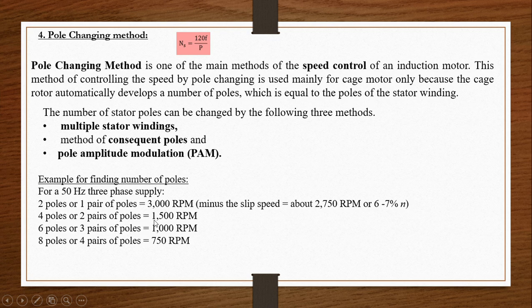If the nameplate detail shows 1500 RPM speed, then we can understand clearly that the machine is related with 4 poles. If the nameplate detail of a three-phase induction motor shows 1000 RPM, then it is very clear that the number of poles on the particular induction motor is 6. For 750 RPM, the number of poles is 8.